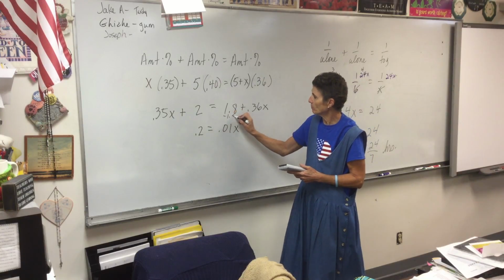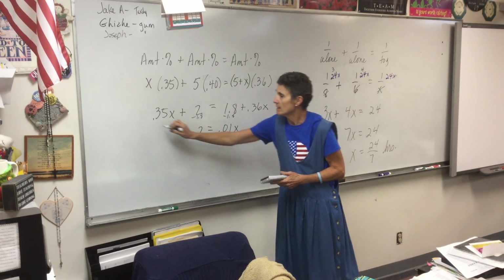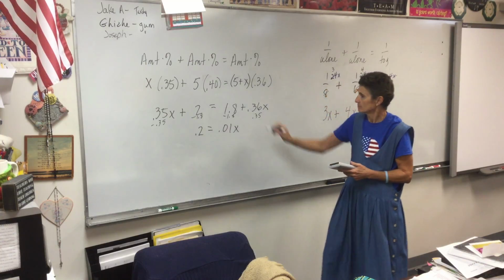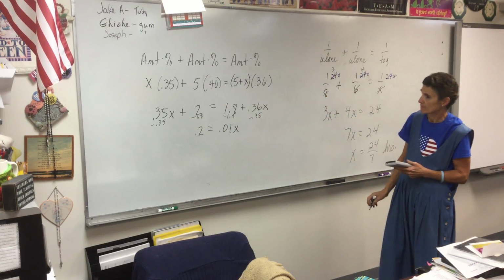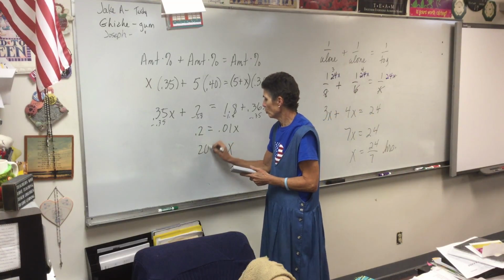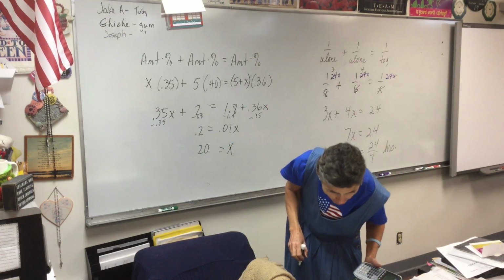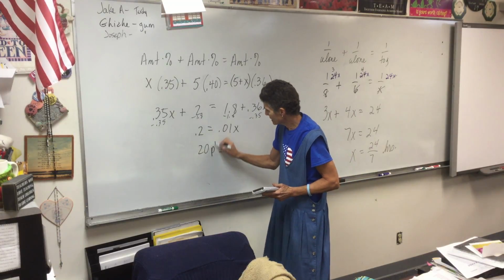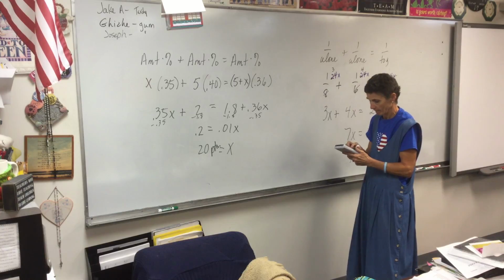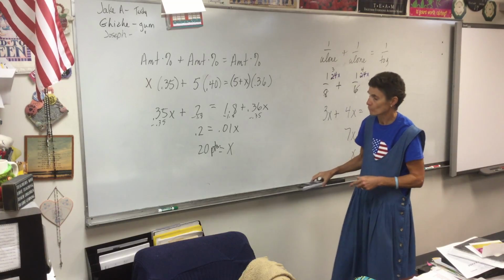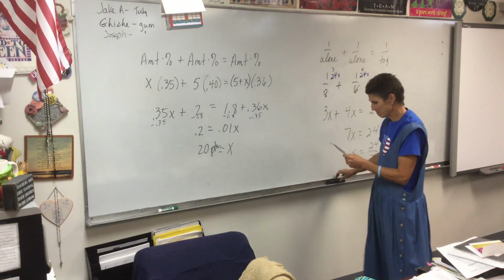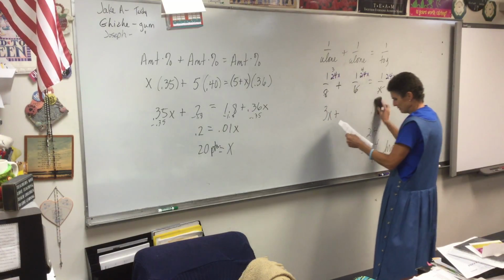I'm subtracting 1.8 and subtracting 0.35X. So now I'll divide, and X equals 20. What was that unit? Pints. So 20 pints. All right, hopefully you're getting the hang of that. That's not too bad. All right, we got another one.